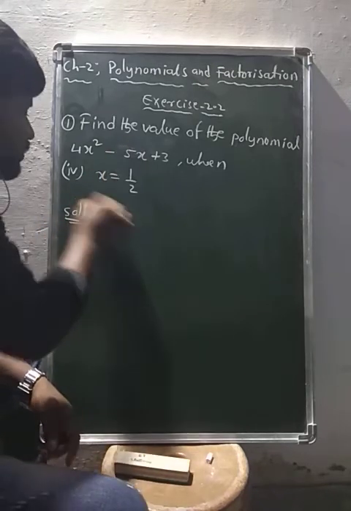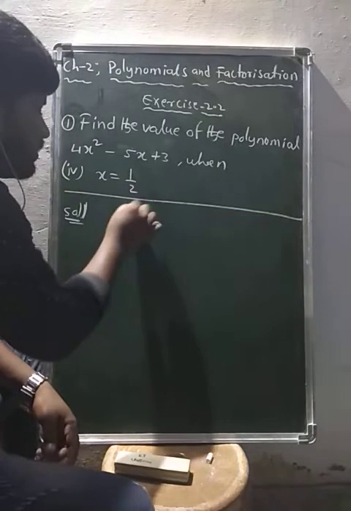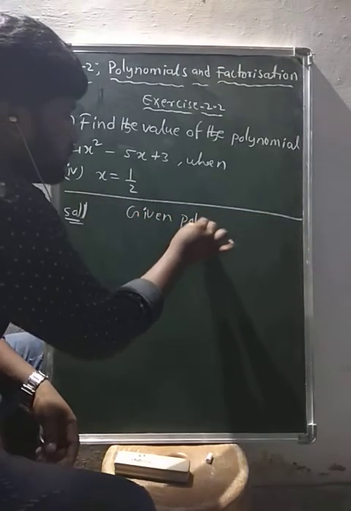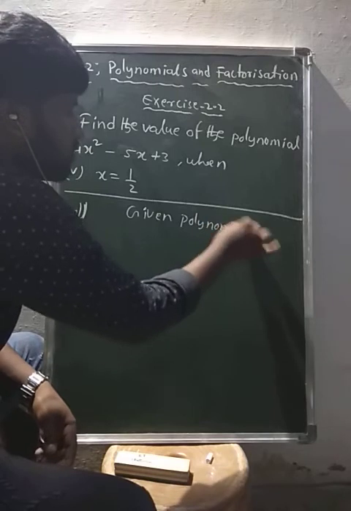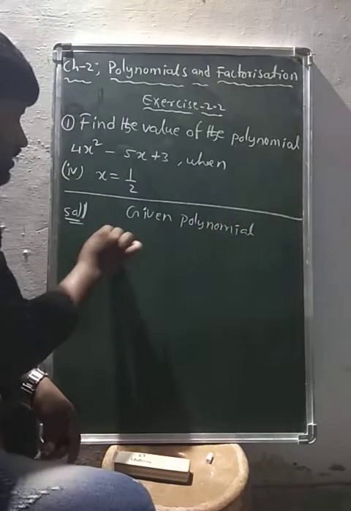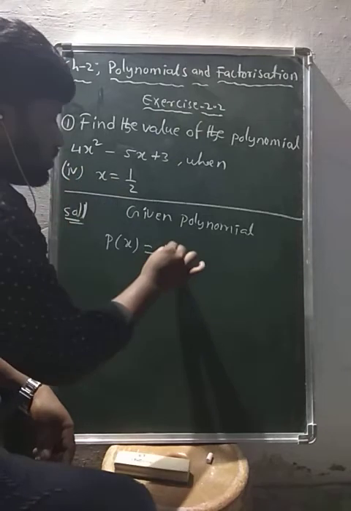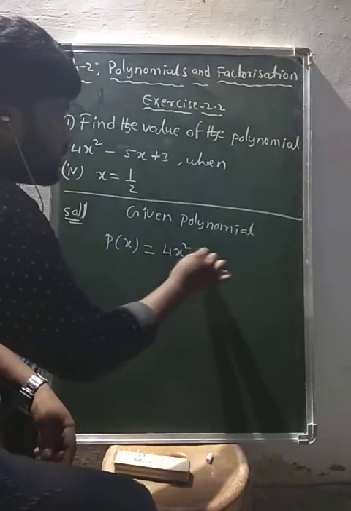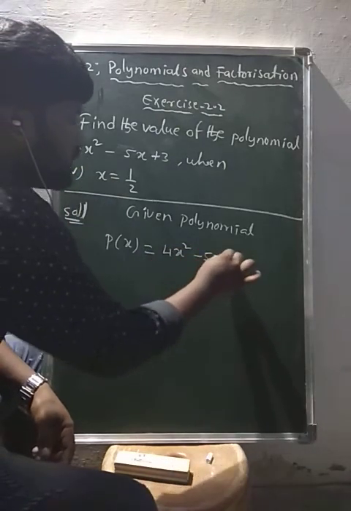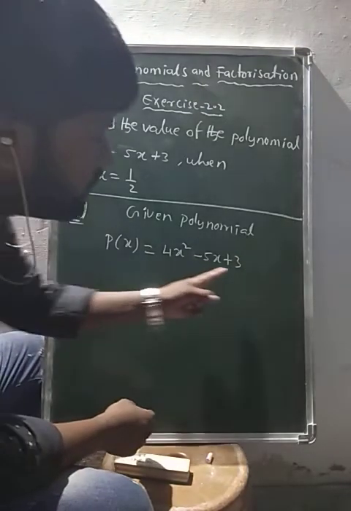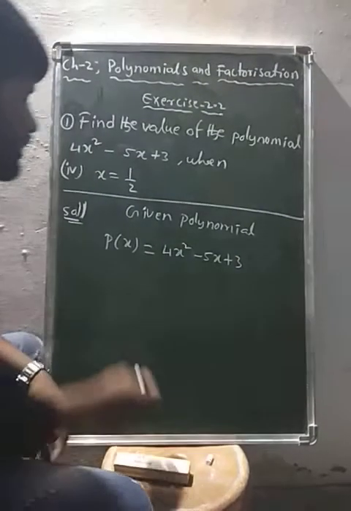The given polynomial, that is p of x is equal to 4x square minus 5x plus 3. This is the given polynomial.